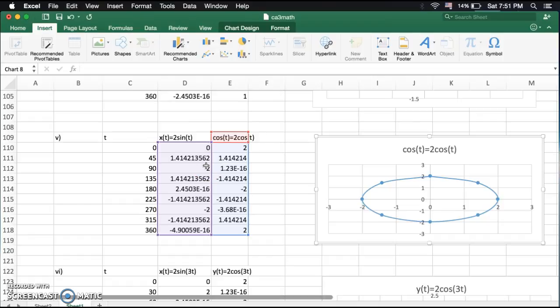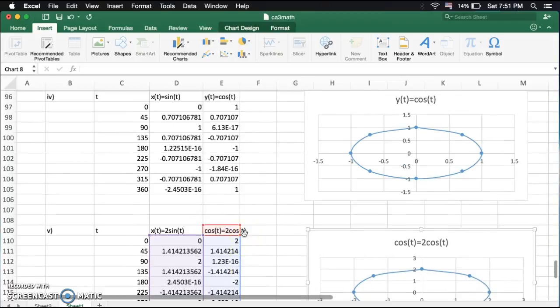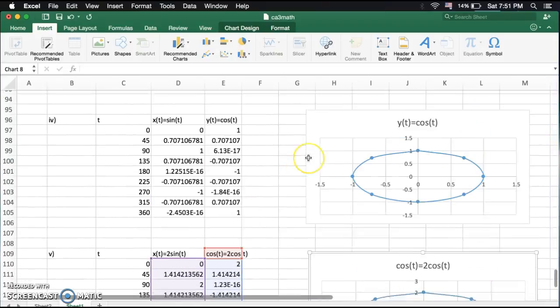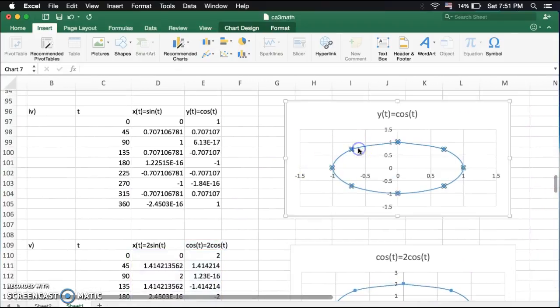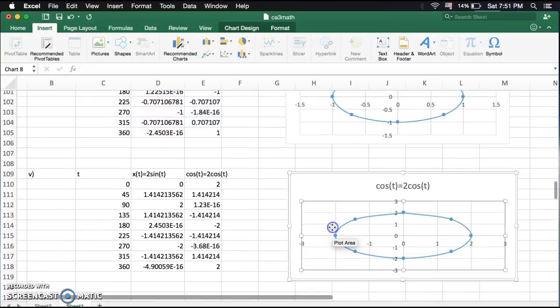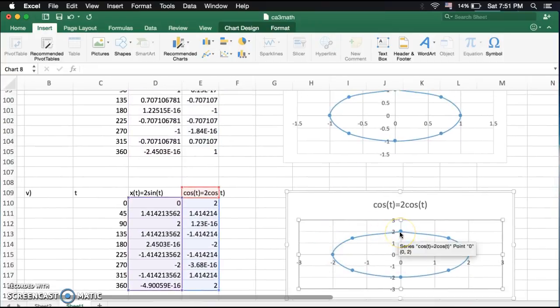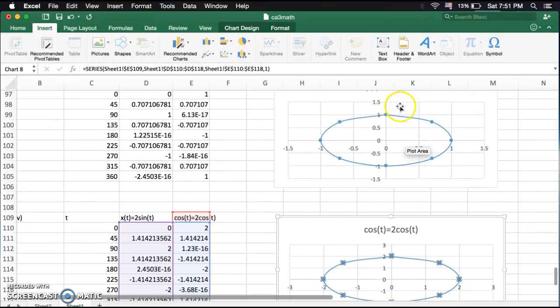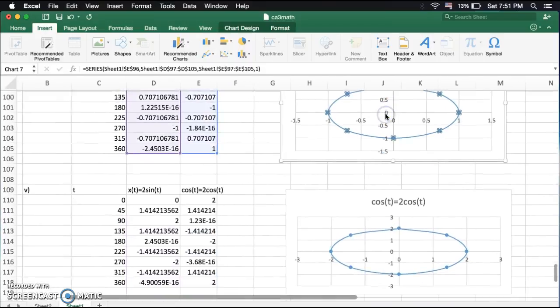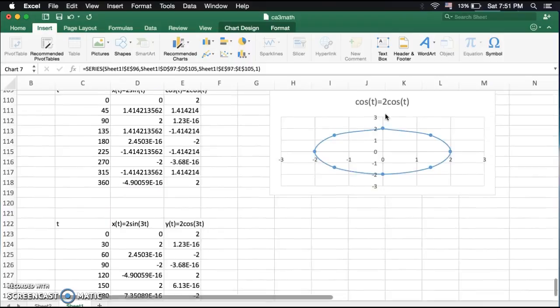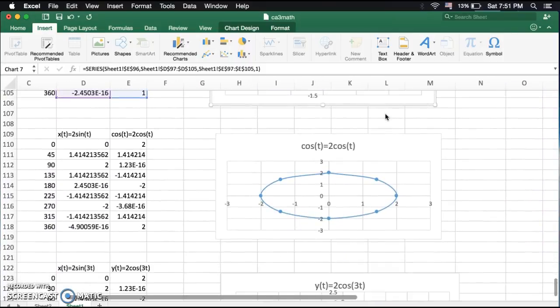So the 2 in 2 sin t is the radius of the circle, which makes it different from the other example. You can see it's at 2 and this one is at 1, and both graphs are centered at (0, 0).